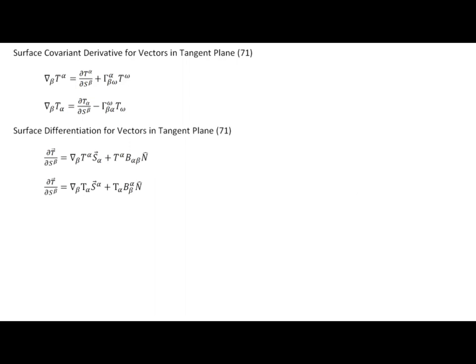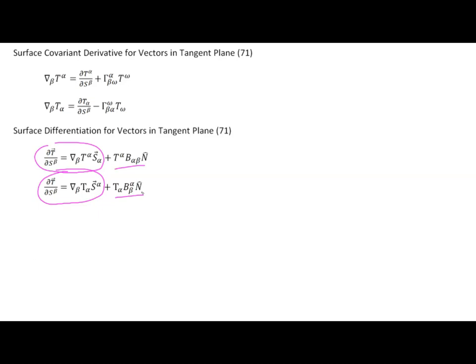You'll remember that if we're dealing with a simple plane, then the partial derivative of a vector would look just like this and this. But when we're dealing with a curved surface, we see that there's an extra term that shows up in each case.